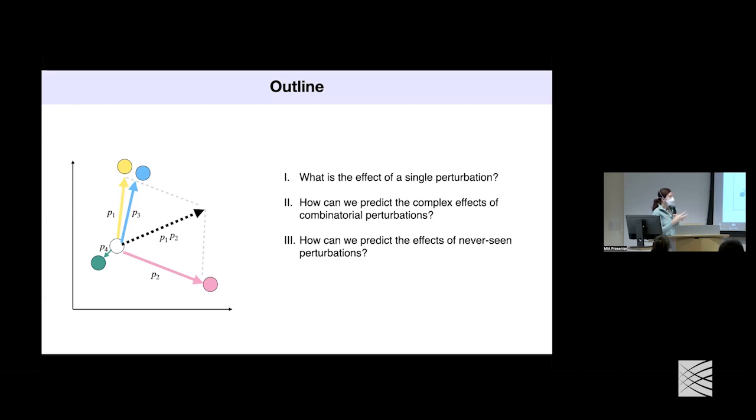The reason we will work in this latent space is that it's a space where we try to enforce some sort of additivity between perturbations, which might not translate to linear relationships in gene expression space. Yeah, cool. I think this will be answered better when we talk more about the latent space. Other questions?